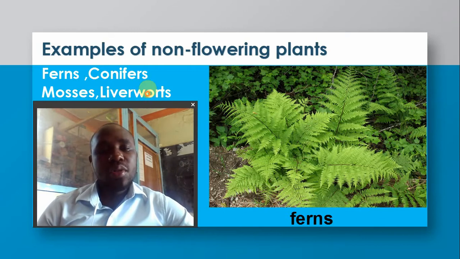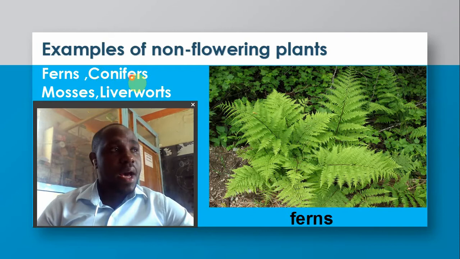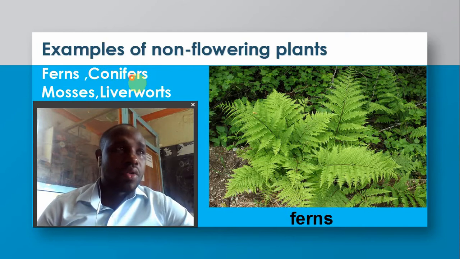When you go through these, conifers is one of the main groups of non-flowering plants, and it is the most common one. To give an example of conifers, we have got pine. You know pine? We have got cypress, cedar, podo, ginkgo, and fir.